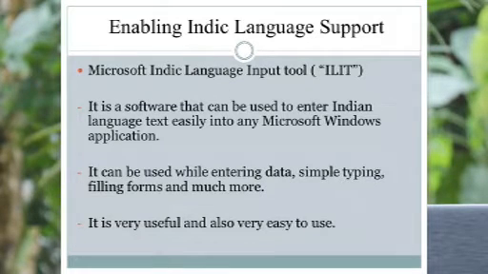Additionally, it provides a visual keyboard to assist with editing words that do not transliterate properly. Any problem we meet in translating a particular text, definitely a visual keyboard is there to help you with editing words that do not transliterate properly.